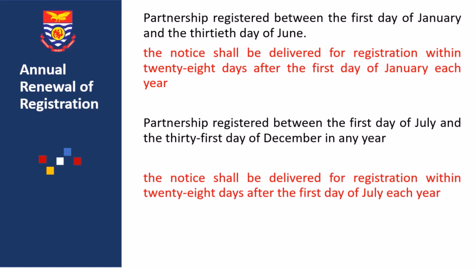Now, if your registration took place within the first day of July and 30th day of June, then your renewal should be done within 28 days after the first day of January each year. So take, for instance, if this year, 2023, you registered your partnership firm around 25th June 2023.